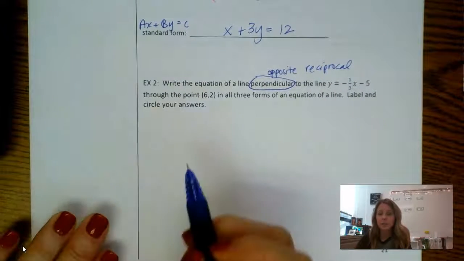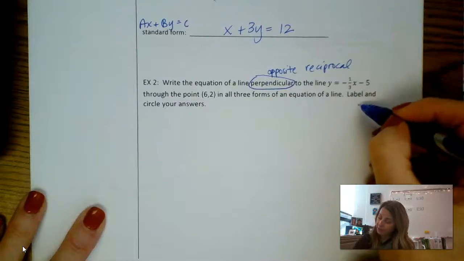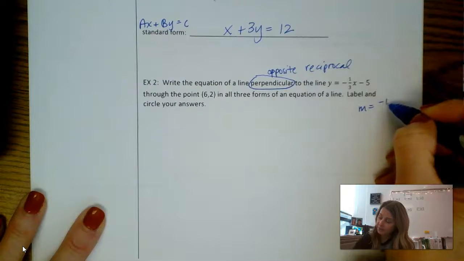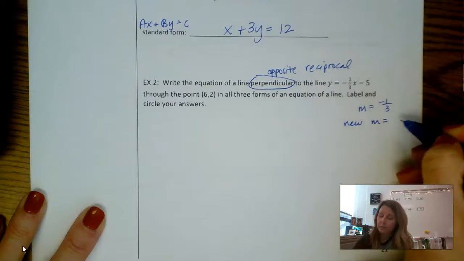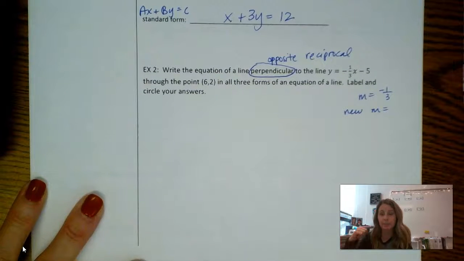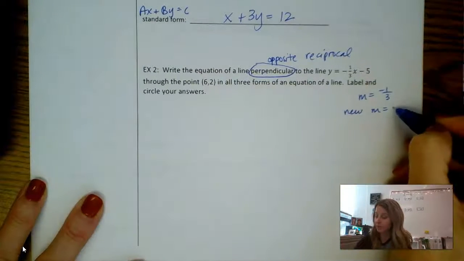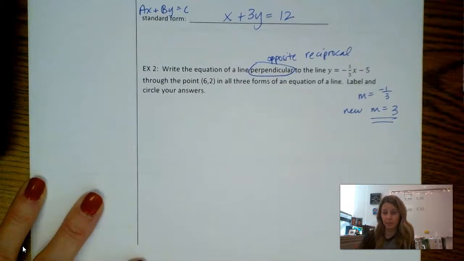If I look at my first equation here, my current slope is -1/3. For my new slope, I need the opposite reciprocal. Opposite would change it to a positive, flip it over would be just a 3. So I'm using 3 going forward.